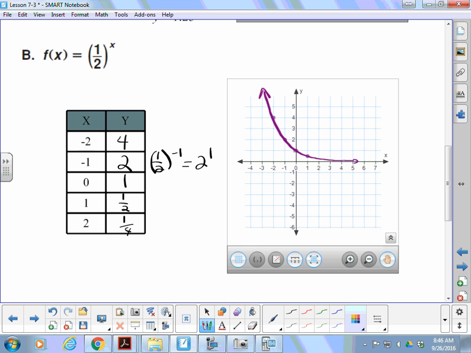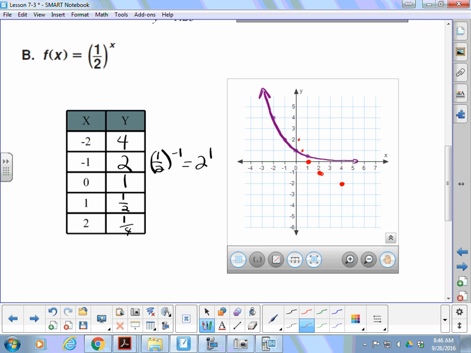So we do the inverse. All right, so we're just switching x and y again. So we have 4, -2; 2, -1; 1, 0; 1/2, 1; and 1/4, 2.